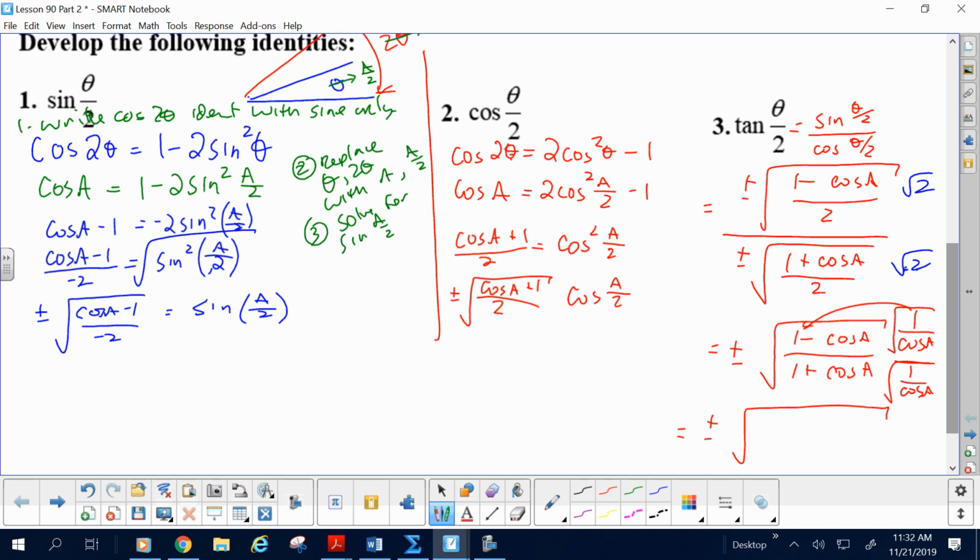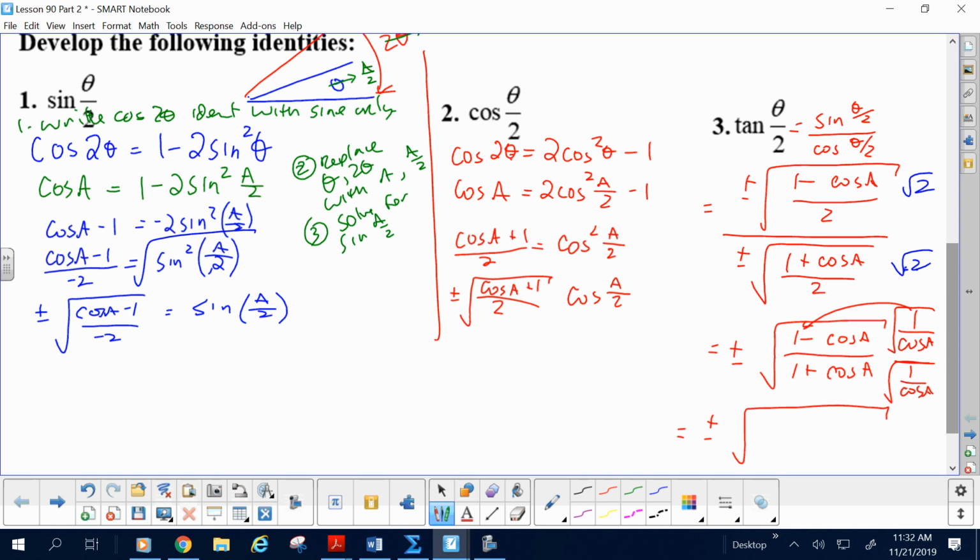Tangent would be sines over cosines, do you agree? So how do we get sines over cosines going on?